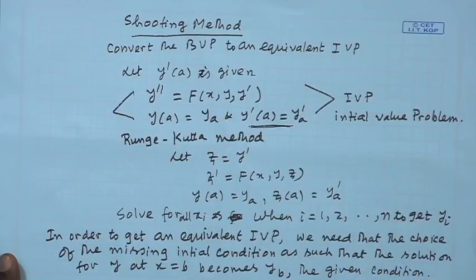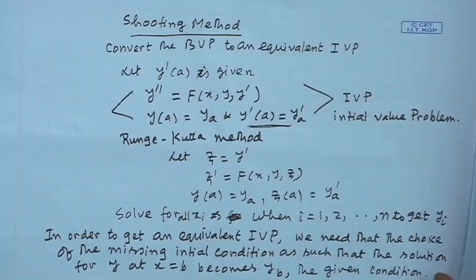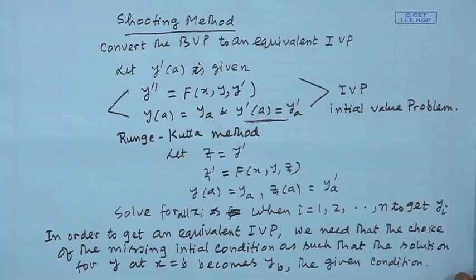Obviously, we do not have the idea of what the y dash a should be. So, we go in an iterative fashion.